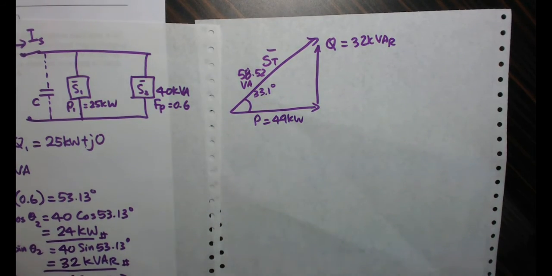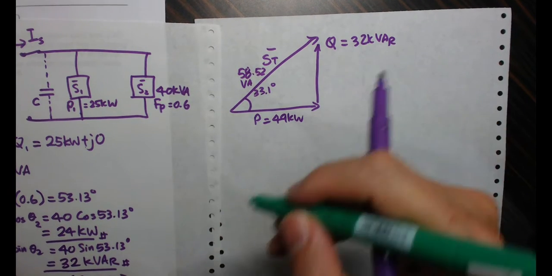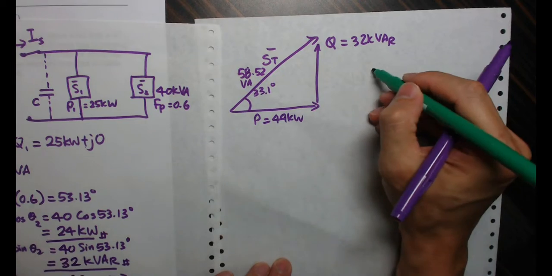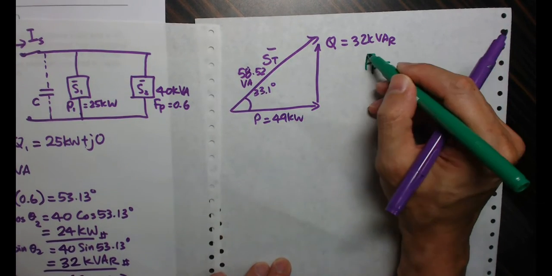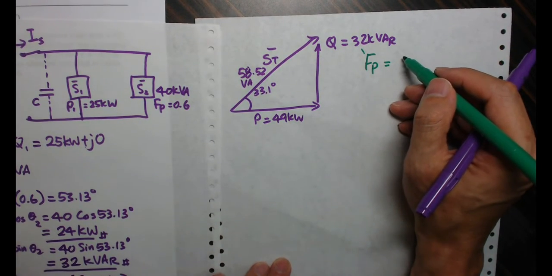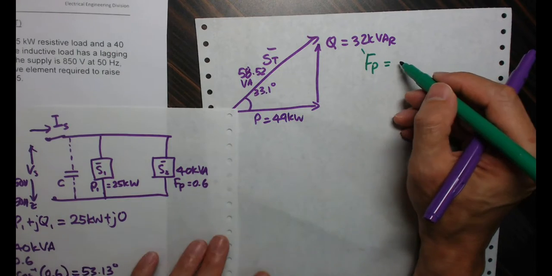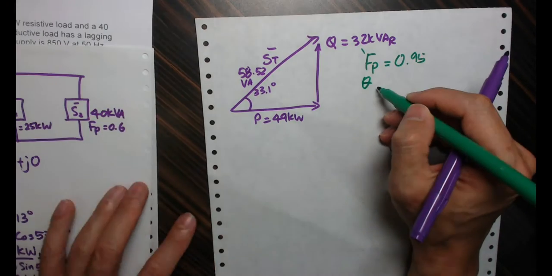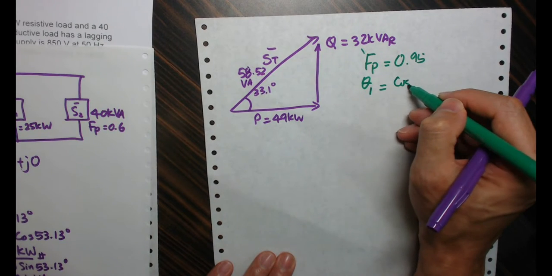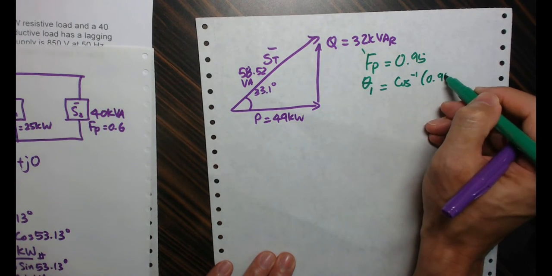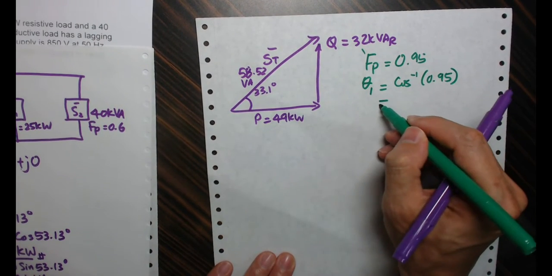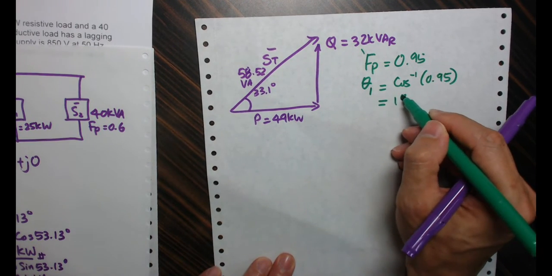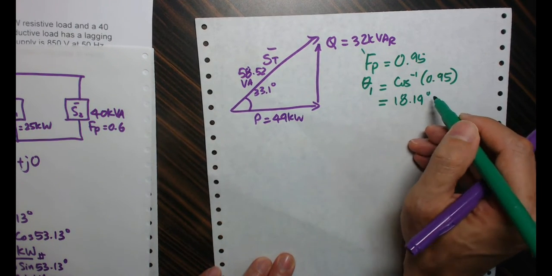Right, but we want to improve it to a power factor of 0.95, or a new angle of cosine inverse 0.95, which means an angle of 18.19 degrees.